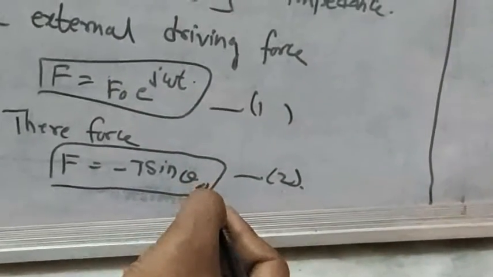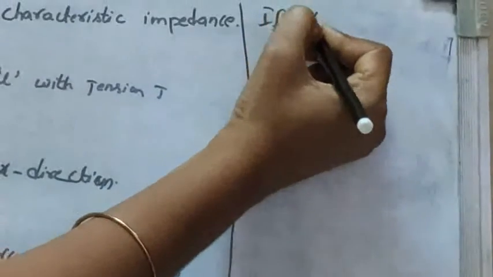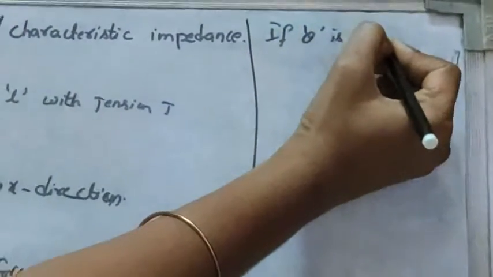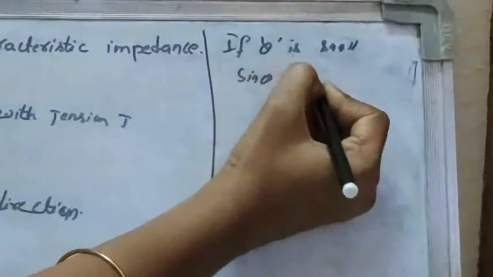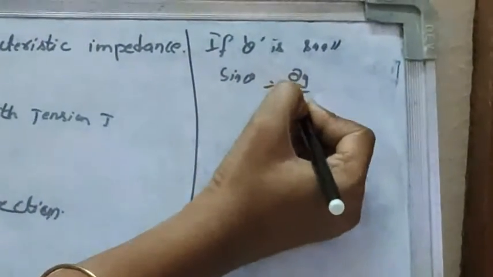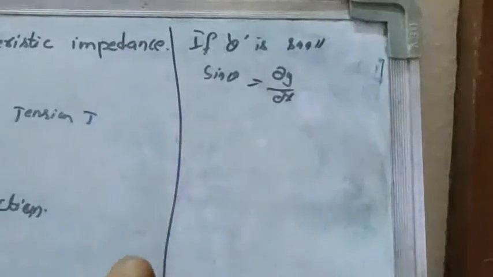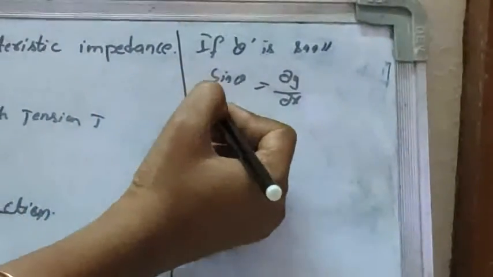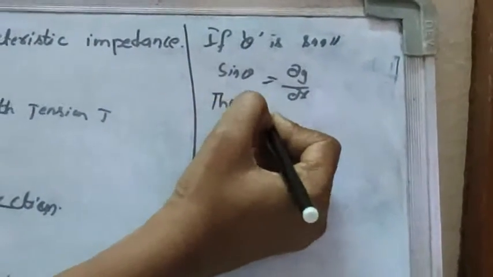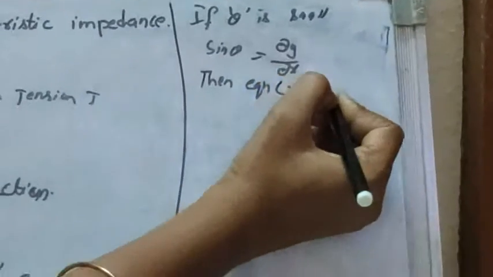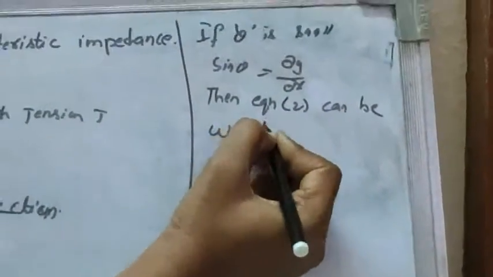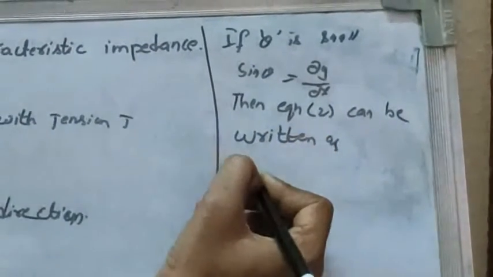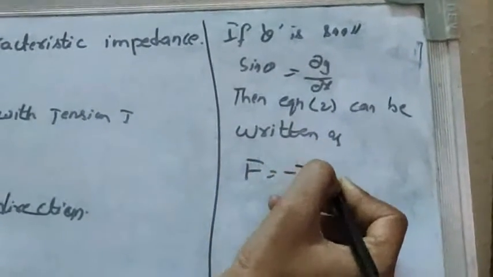If you assume that the angle is small, that is, if theta is small, then sine theta is equal to ∂y/∂x. Now equation 2 can be written as F is equal to minus T sine theta.